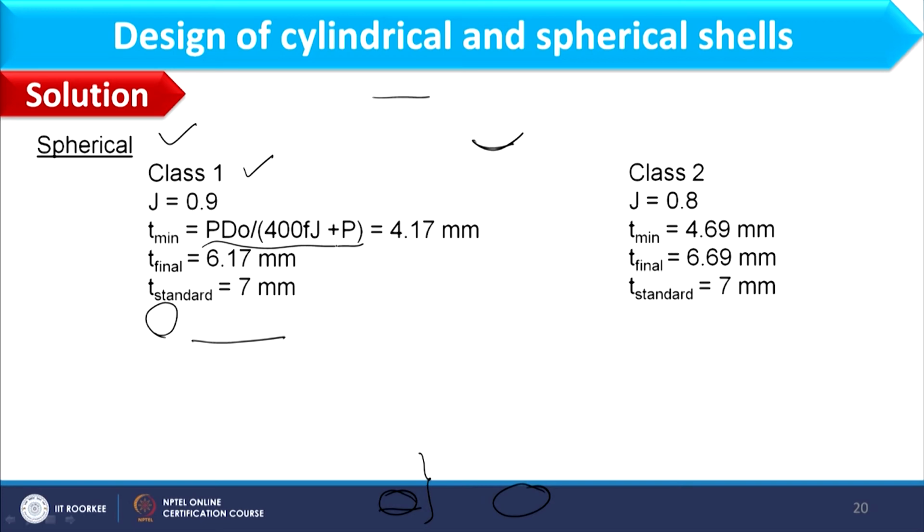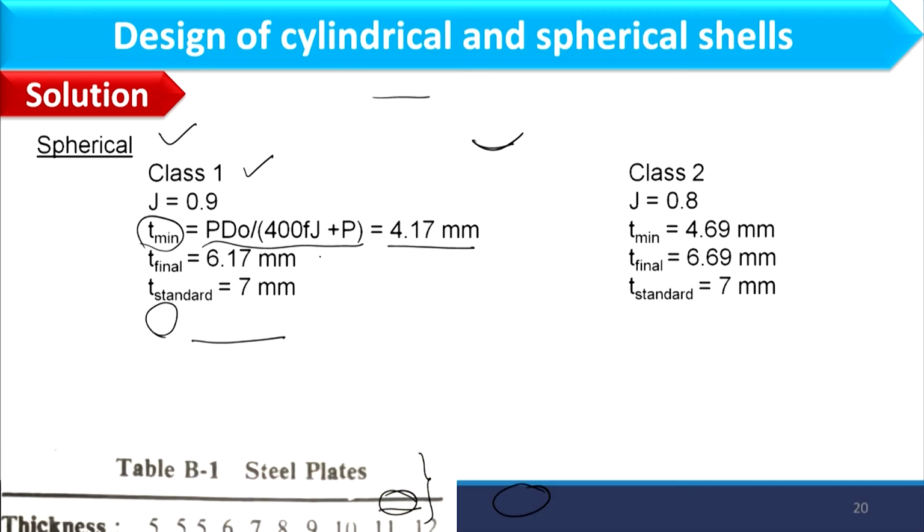Considering the values of J, allowable stress, pressure and outer diameter, we can find the minimum thickness using this expression, and it comes as 4.17, that is the minimum possible thickness. We will add corrosion allowance to this and that should be equal to 6.17.